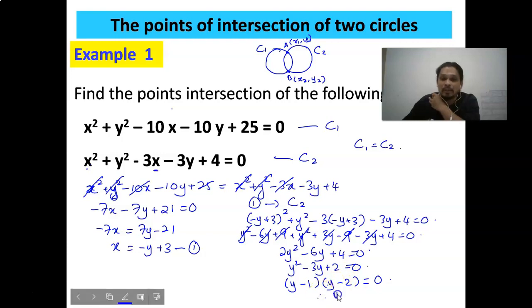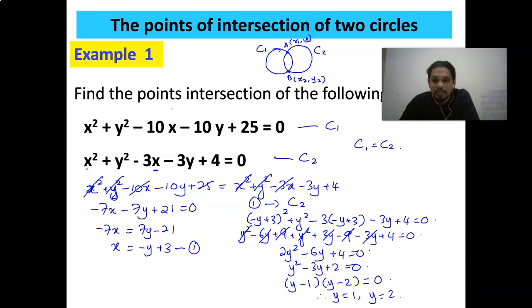Meaning the value of y is 1, and y equals 2. Class, this is not the final answer, because we are going to find the intersection points, meaning the coordinates of A, which are x and y.